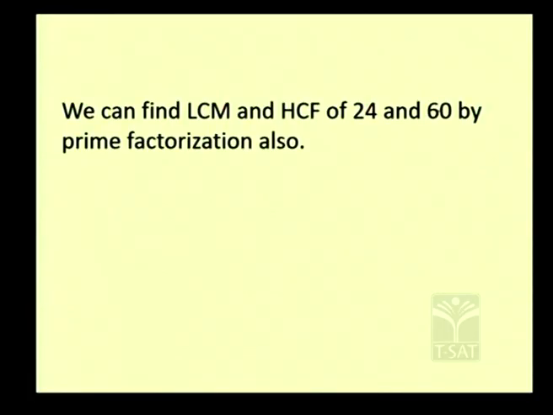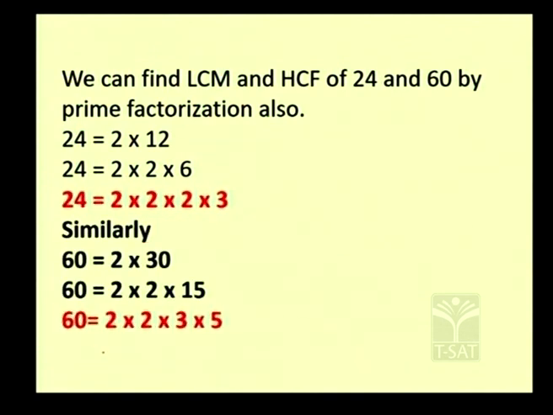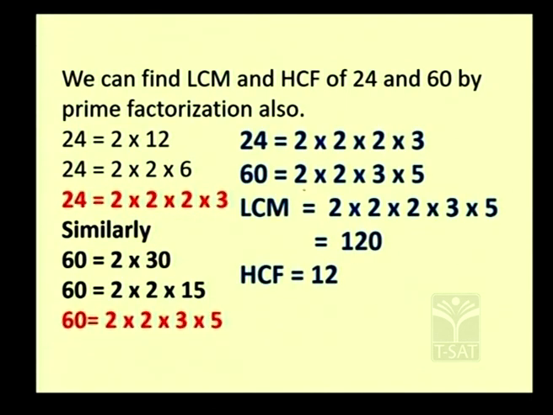We can find the LCM and HCF of 24 and 60 by factorization. First, we write 24 as a product of prime numbers, and 60 also, try to find as a product of prime numbers. Let us see, LCM is 2 into 2 into 2 into 3 into 5, which is 120.